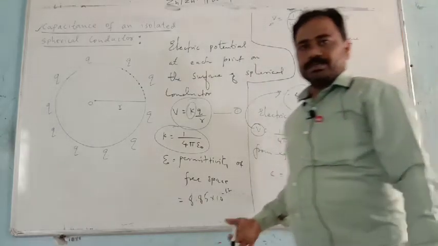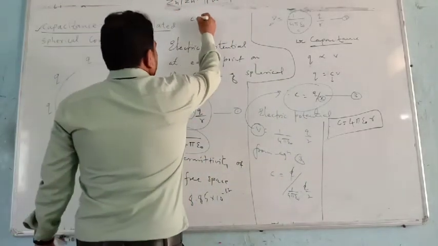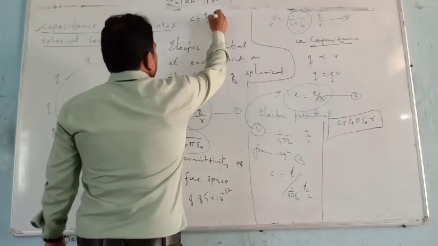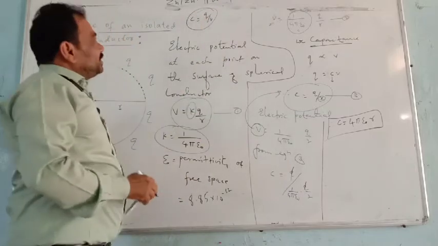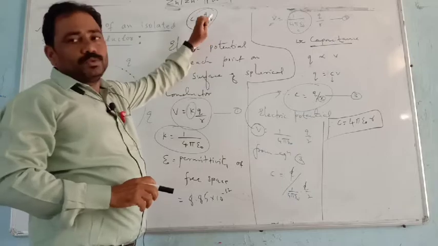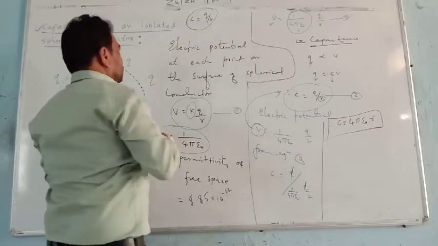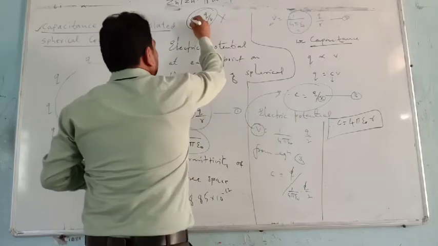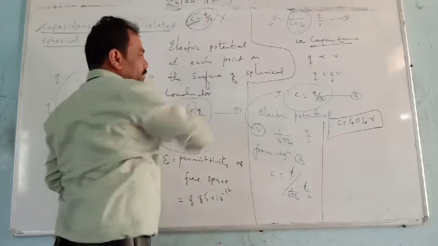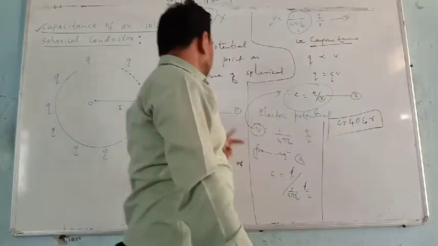Now see, this is the meaning of capacitance. Whatever may be the formula to find out capacitance, that is Q by V, most of the students get confused here, thinking capacitance totally depends on these two factors, charge and potential difference, but actually this does not happen. Why? Because capacitance only depends on R, the radius of the body.